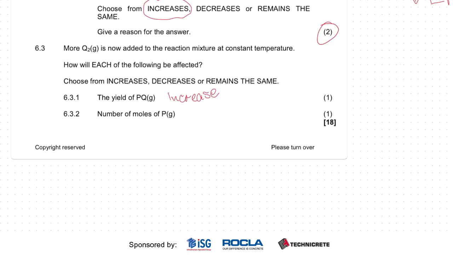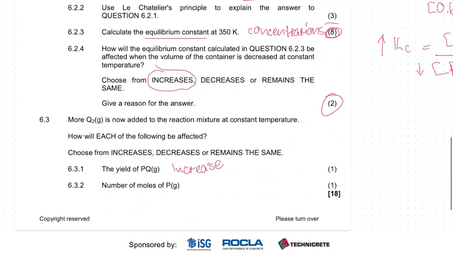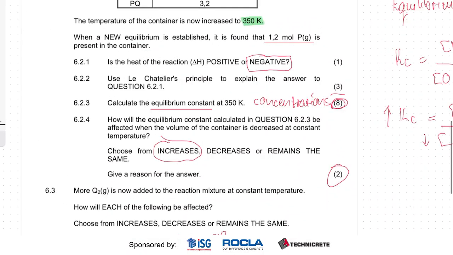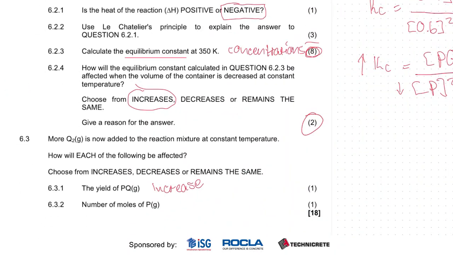The number of moles of P. Yeah, definitely decrease, because we're forming more PQ, so P will get used up.